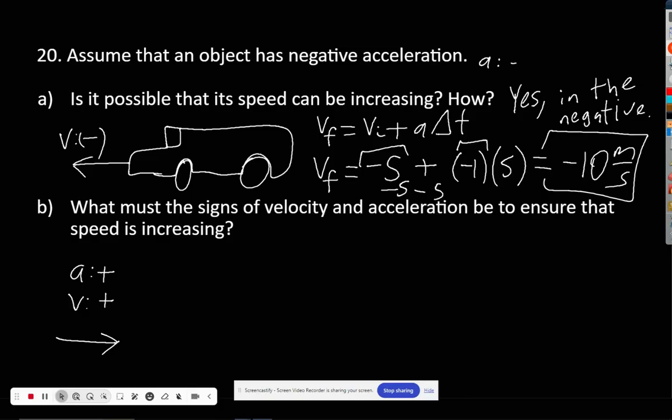So to answer the question, as long as your velocity and acceleration are the same sign, both positive, both negative, then you will be speeding up. It's only when they disagree, one's positive, one's negative, they kind of butt heads, and that causes things to slow down.